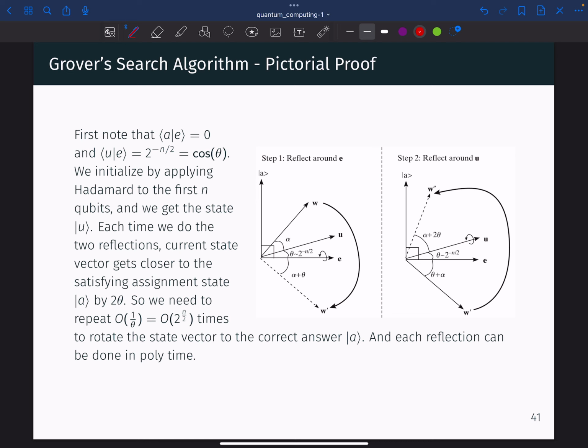First note that these two states are orthogonal, because E is all the non-satisfying assignments, so you would not have any overlap with A, because all the terms will be 0. So then you can see that we can write out E and A as orthogonal vectors here.